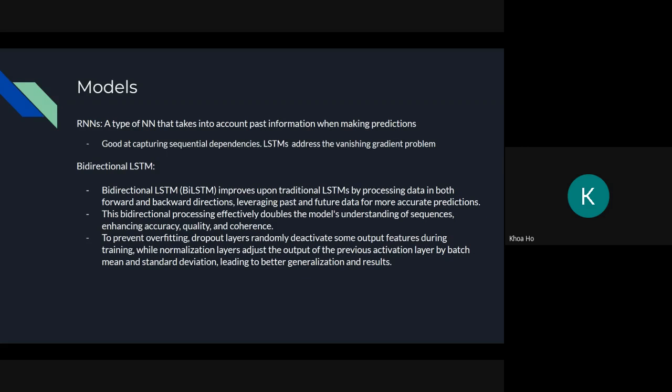We also use a bidirectional LSTM, which improves upon traditional LSTMs by processing data in both the forward and backward directions, which utilizes the past and future data for more accurate predictions. And to prevent overfitting, we also use dropout layers and normalization layers to help better generalize our results.